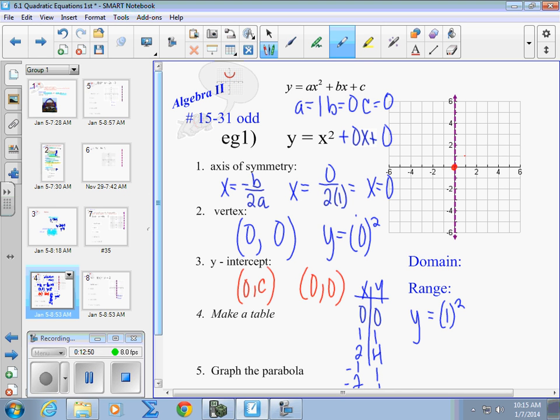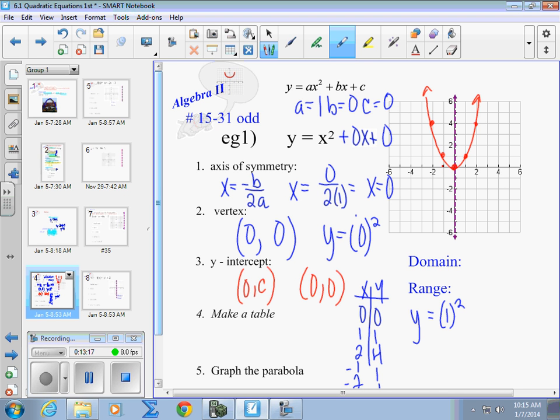We have 1 and 1, we have 2 and 4. Negative 1 and 1, negative 2 and 4. So does it have a minimum value or a maximum value? Minimum value. When A is a positive number, it will have a minimum value.